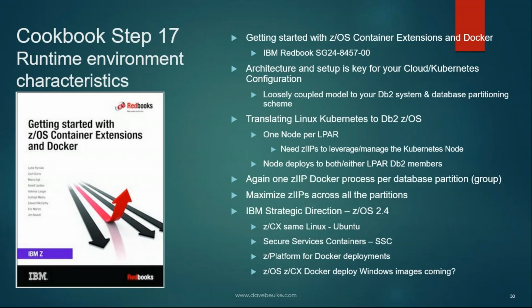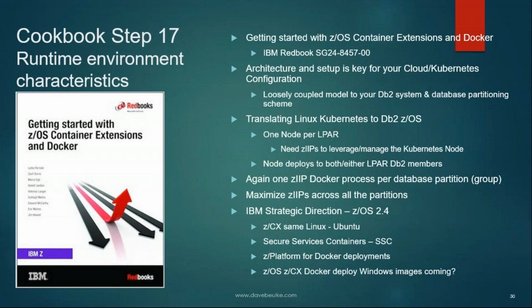This is the same type of secure services container environment that IDAA works on. It's a platform where they deploy IDAA and you deploy other Docker deployments. Again, this maximizes the zIIPs in your Linux environment, and it's great.